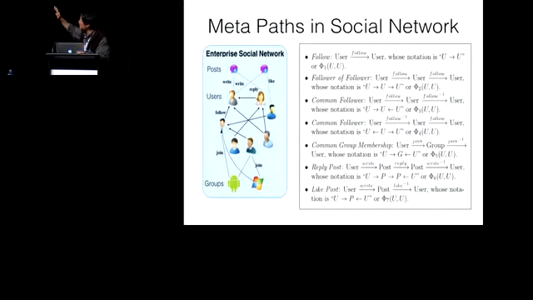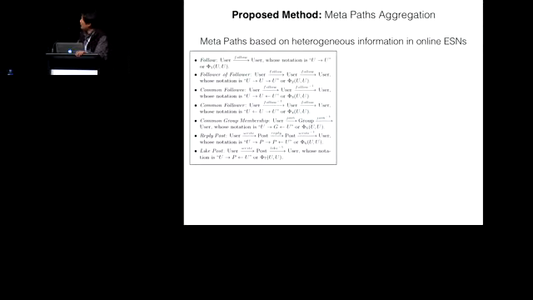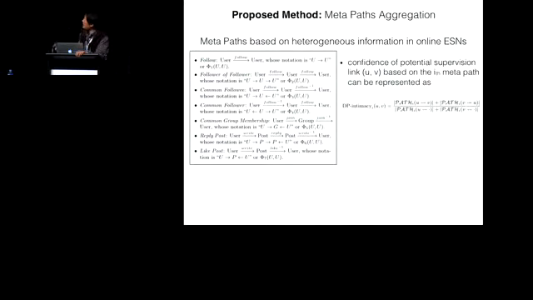Or they join the same group. So we can use all those metapaths to describe different types of relationships. And then we are going to use these different types of relationship to infer the supervisory link relationships.